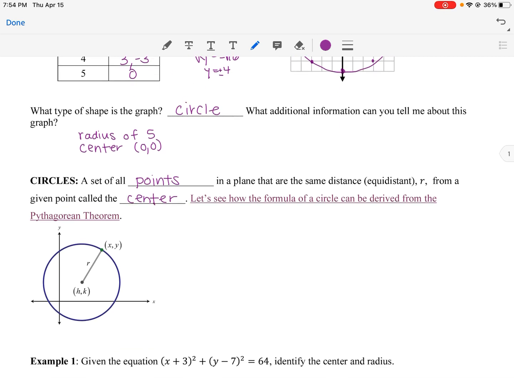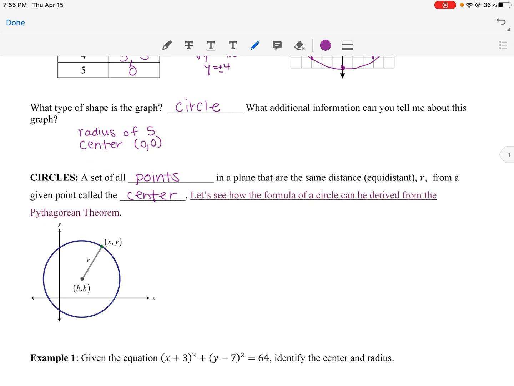So let's take a look at how the equation of a circle relates to the Pythagorean theorem. We have a center, which we're calling (h, k). We've got some point on the outside, and that could be any (x, y) value. But I'm going to have us draw a right triangle in there. Let's think about the sides as a, b, and then c. Remember the Pythagorean theorem tells us a squared plus b squared equals c squared.